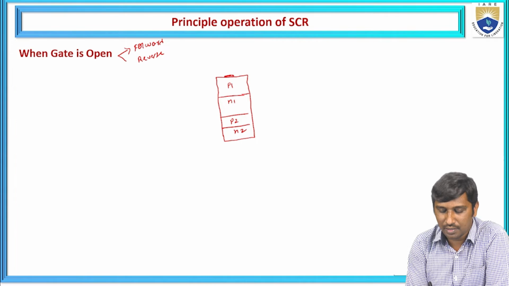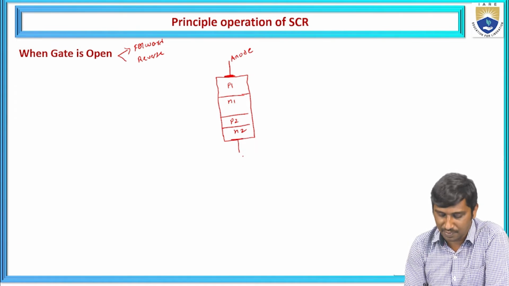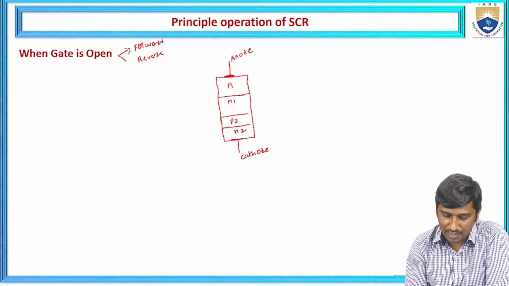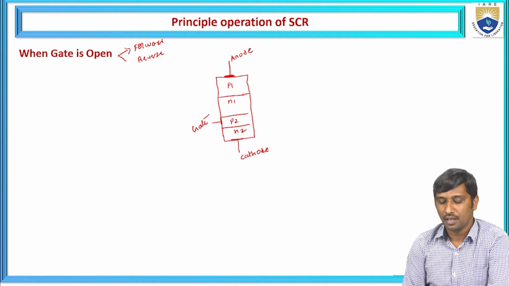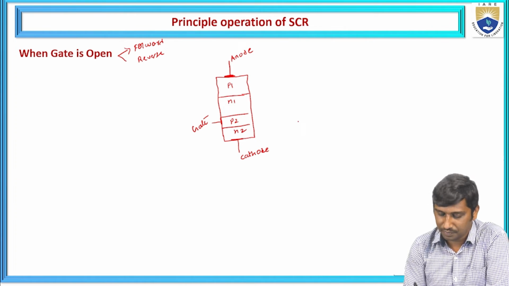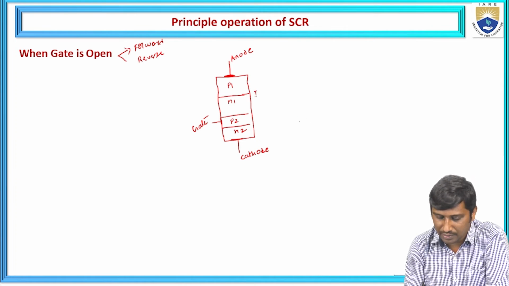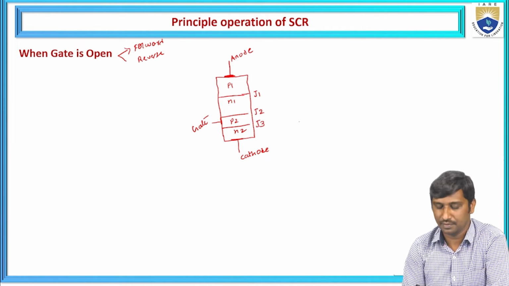We know that the anode is made positive, hence the P1 side; let us take this as the anode. The other outer surface is represented as the cathode. Near the cathode, the electrode on P2 is represented as the gate. And these are the junctions J1, J2 and J3.